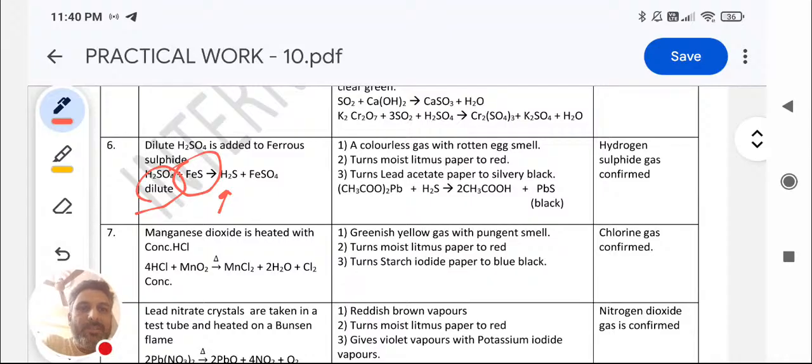Now it is easy to identify hydrogen sulfide gas with its rotten egg smell. Hydrogen sulfide gas has a rotten egg smell, and it also turns lead acetate paper to silvery black. So either with the rotten egg smell we can identify H2S, or with the help of lead acetate also we can identify this hydrogen sulfide gas.